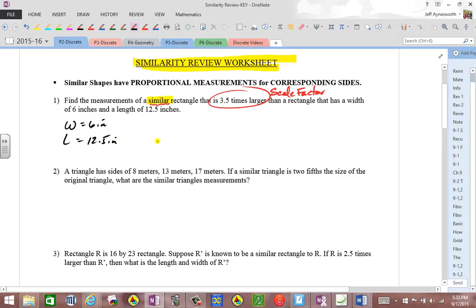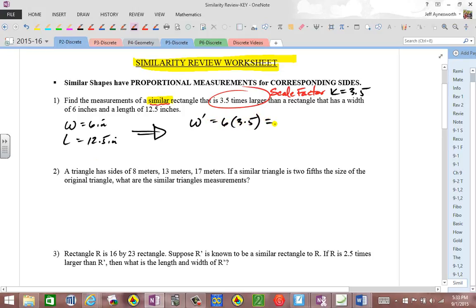The scale factor, we're going to call that K. That's usually what it's called. Scale factor K is 3.5. That means we've got to take both the width and the length and multiply them both by 3.5, and we're going to get a new width and a new length that is 3.5 times as big. So my new width, we call it W prime, is going to be equal to 6 times 3.5.